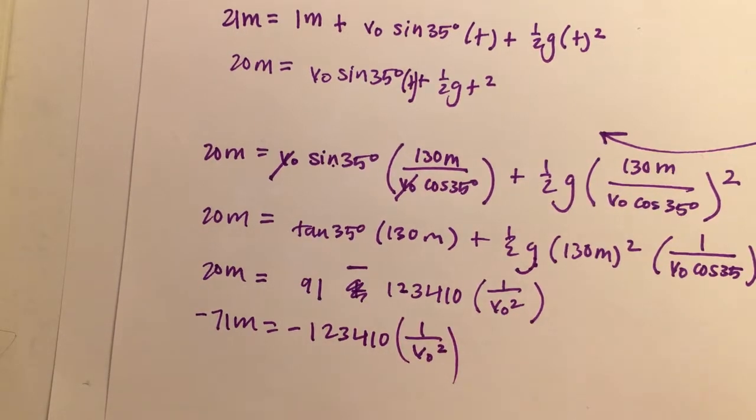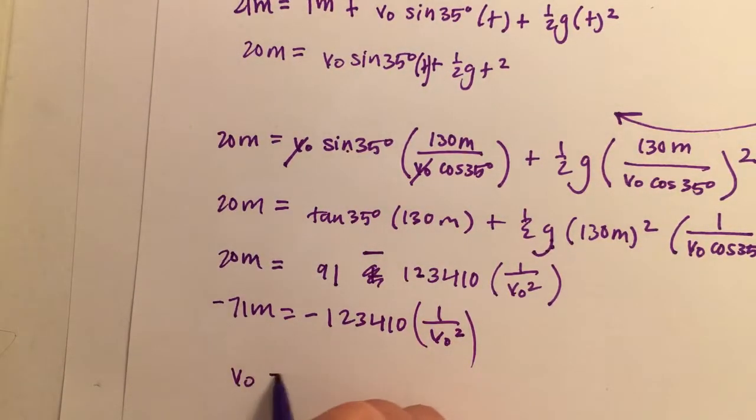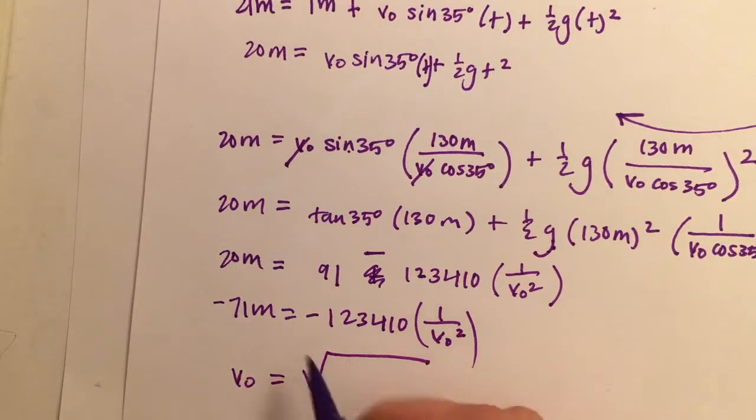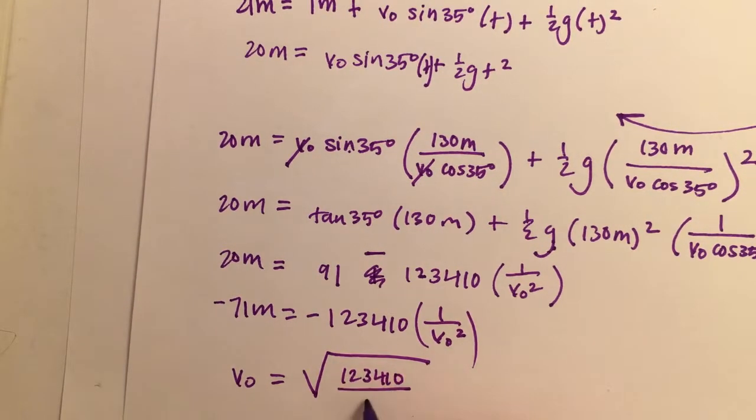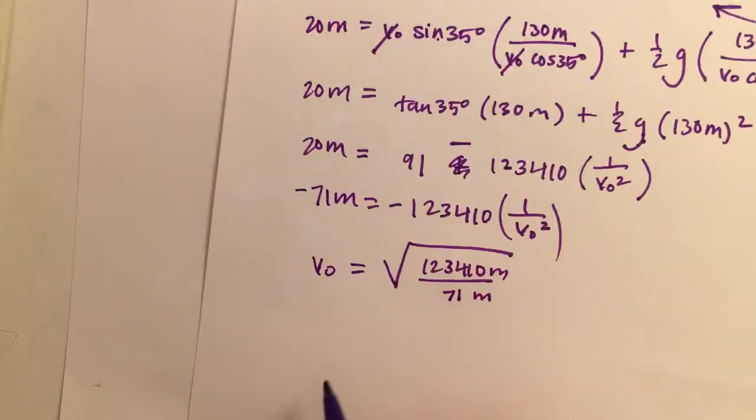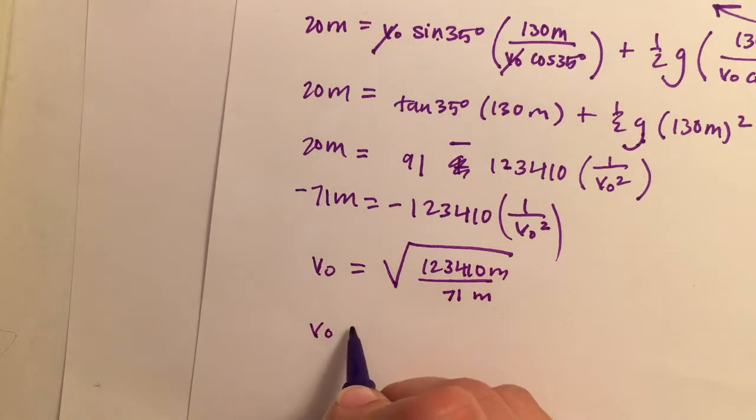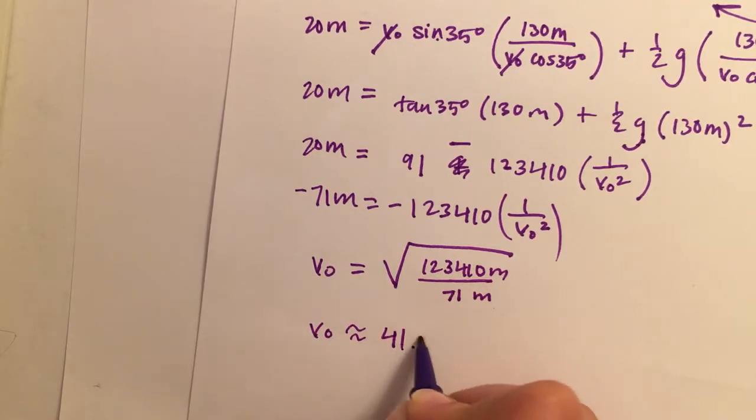To move this over, velocity initial would be the square root of 123,410 over 71 meters. Put that into a calculator. Velocity initial is approximately 41.7 meters per second.